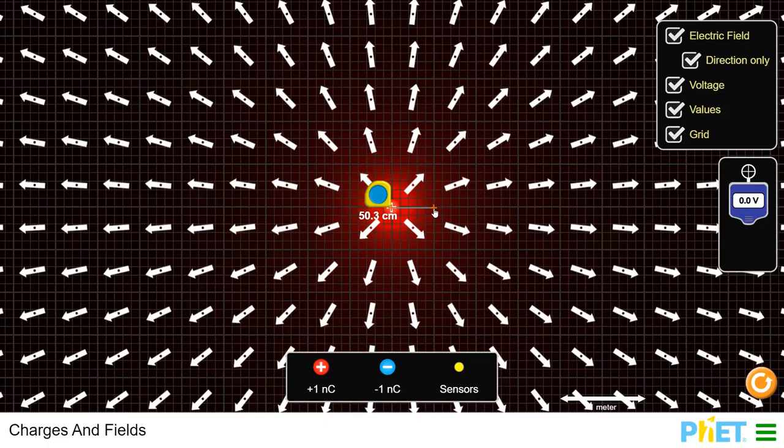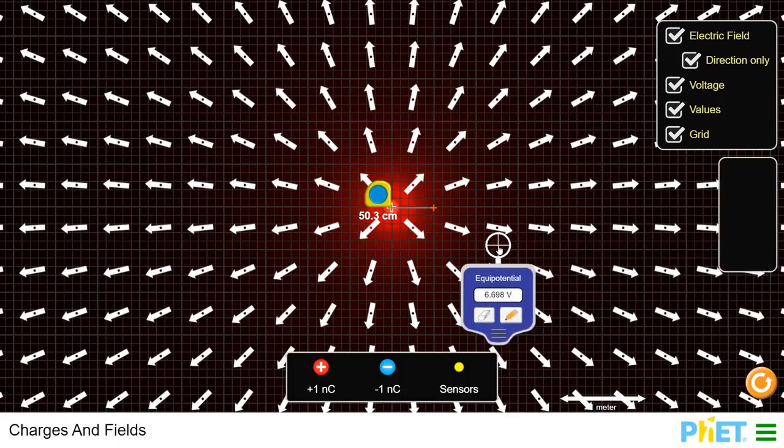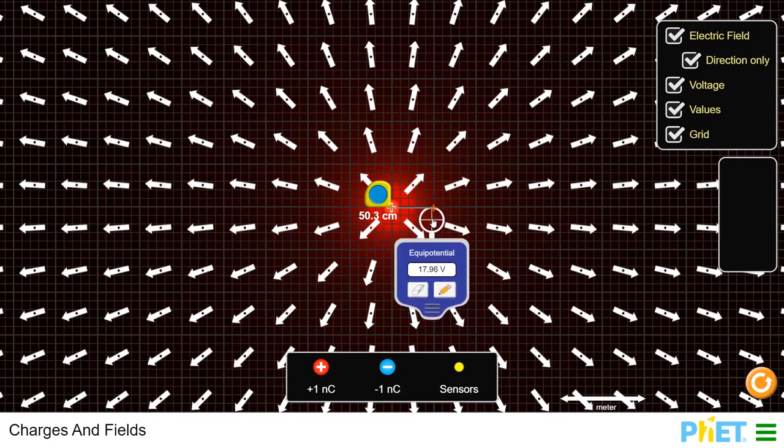It's very difficult to come up with the exact value, so we're going to use 50.3 centimeters, or 0.503 meter. Let's take note that we need the distances in meters for the calculations.